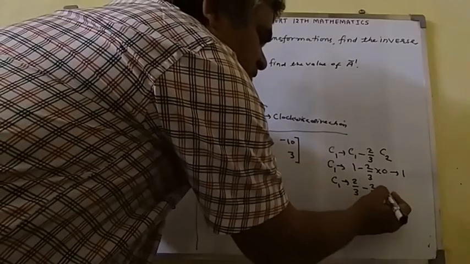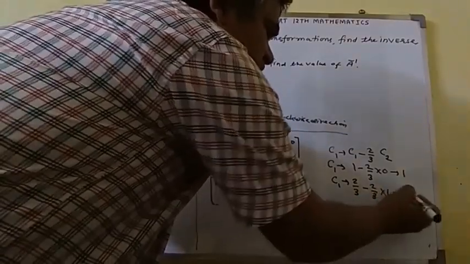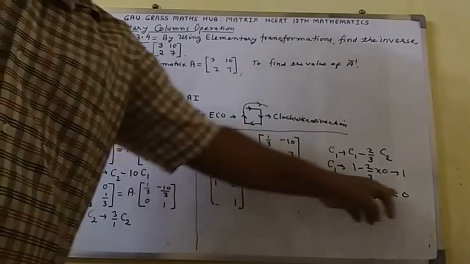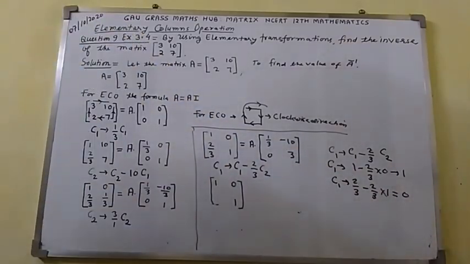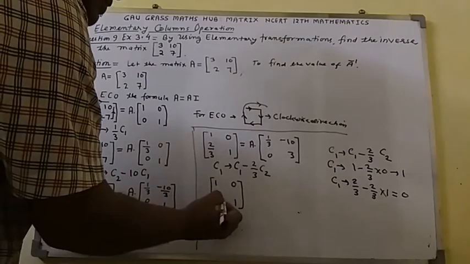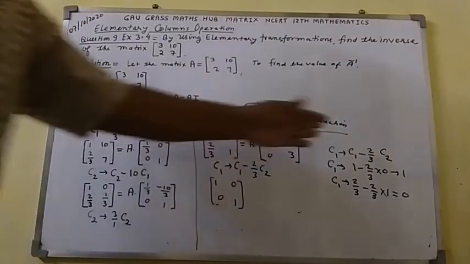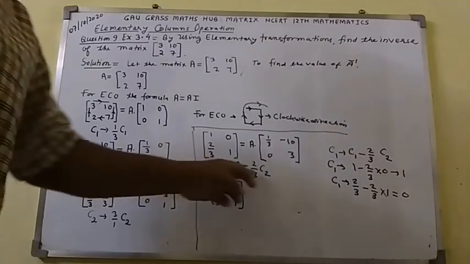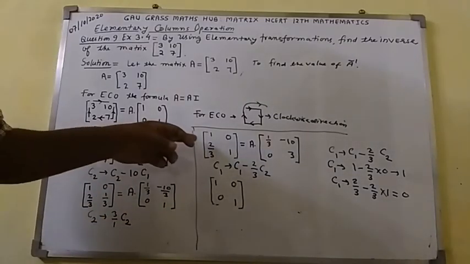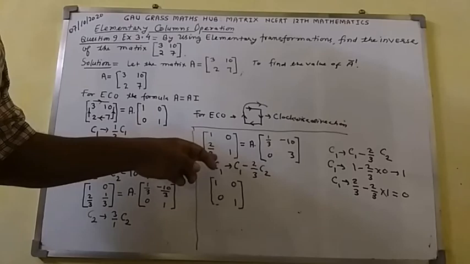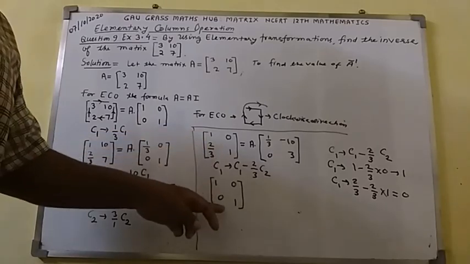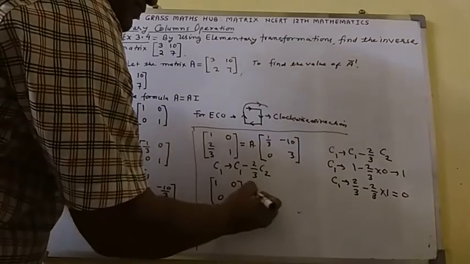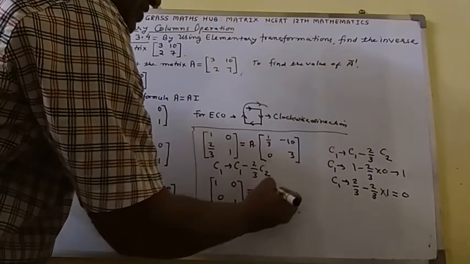So here 1 multiplied. So you will get 0 because 2/3 minus 2/3 comes out to be 0. So the value of C1 will be written here as 0. By applying this property, I have got this matrix as an identity matrix equal to A. I shall write here A.